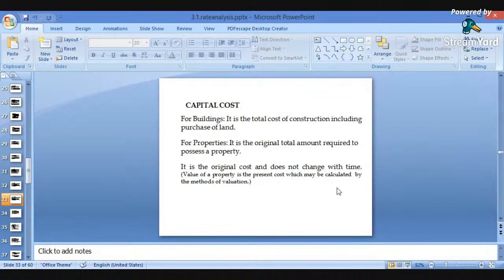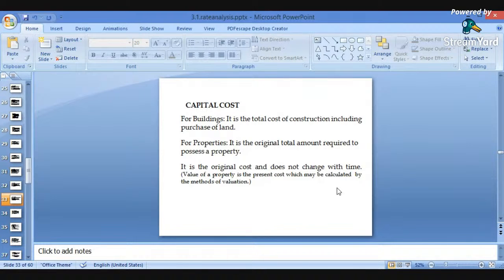Suppose that we have constructed the building 10 years before. So the cost will be the cost we incurred for the construction of the building; it has been fixed. So it will not be changed. The capital cost will be the fixed one. It is nothing but the original cost, and does not change with time.